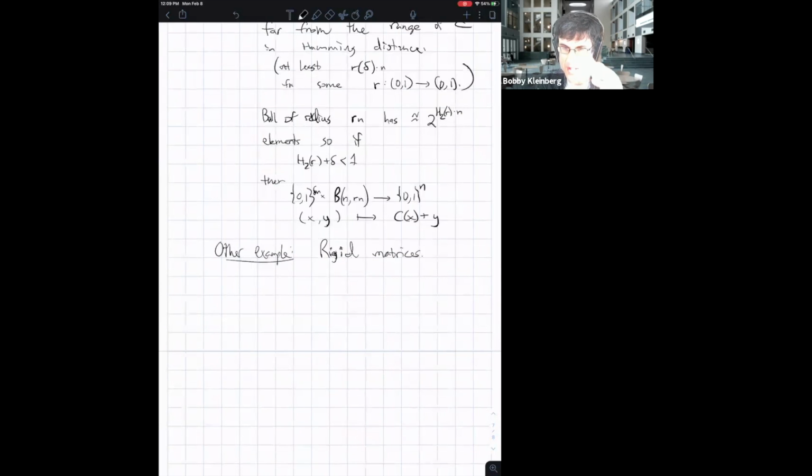A rigid matrix is a matrix of full rank that cannot be made low rank by changing a small number of entries in each row. And it's easy to show using the probabilistic method that a random matrix has this property. And people have been trying for decades to find explicit constructions, but we're very, very far from constructions that have the optimal parameters that are known to be possible using the probabilistic method.